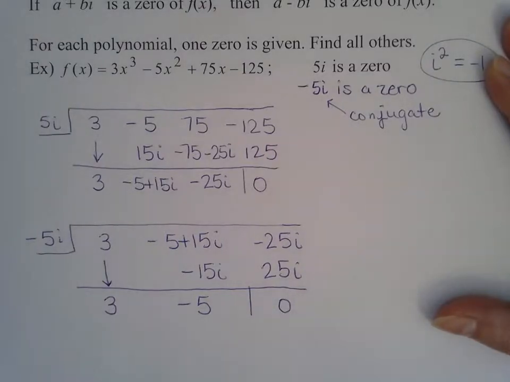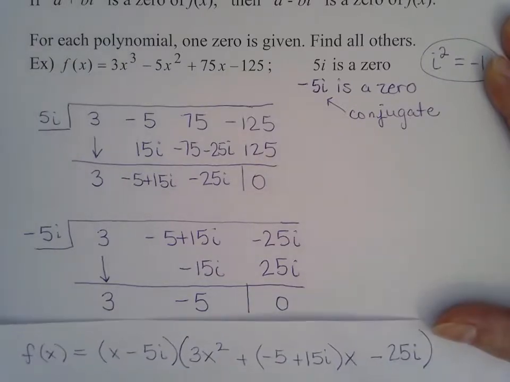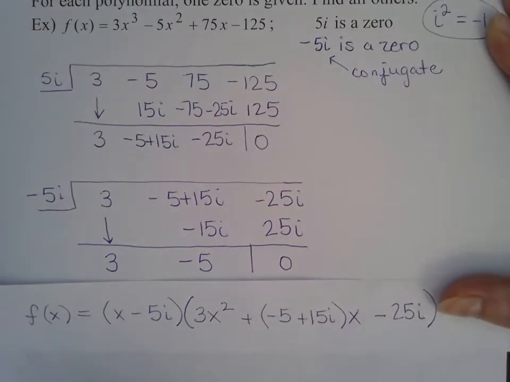Okay, now let's go back to the factoring we did a minute ago. Let's see if we can fit all this on the screen. So I factored further. Now I have two factors.